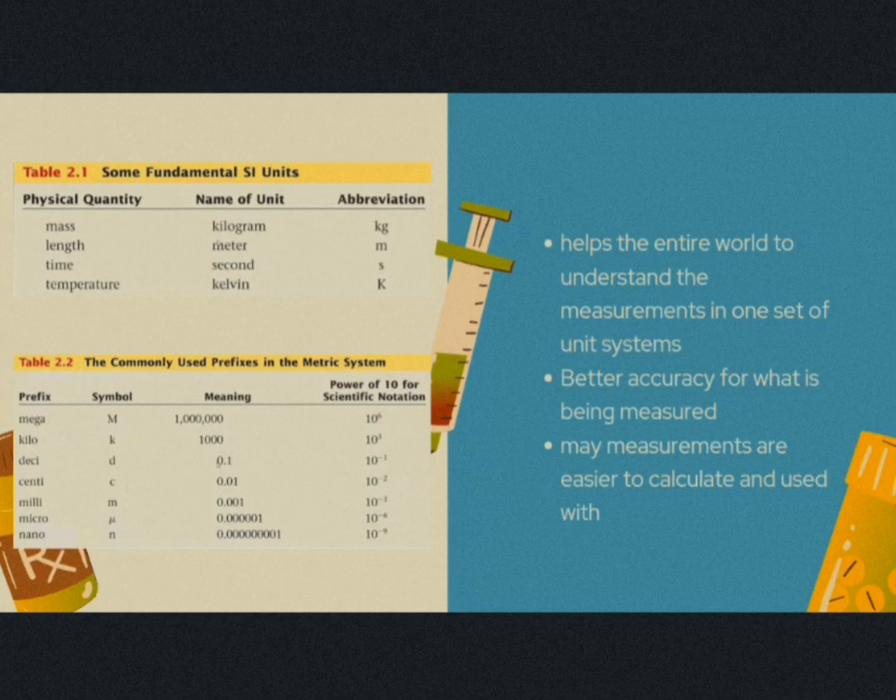Since the 1960s, the International System of Units has been internationally agreed upon as the standard metric system. It helps the entire world to understand the measurements in one set of unit systems, with better accuracy for what is being measured. Many measurements are easier to calculate and use.